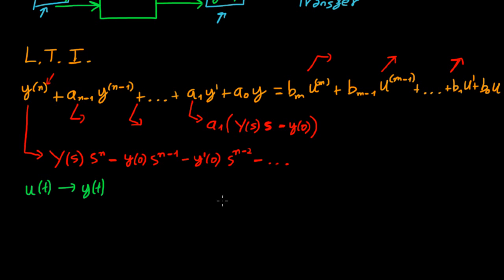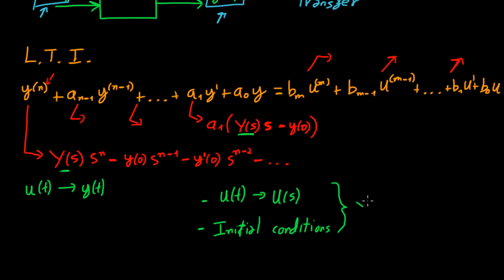Now, if we are given u of t, obviously we can get U of s, and also if we are given the initial conditions, well, we have everything but Y of s, so we can go to the expression and find Y of s, and then inverse Laplace transform it to get the solution y of t.